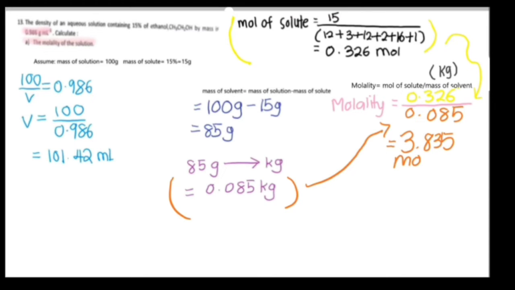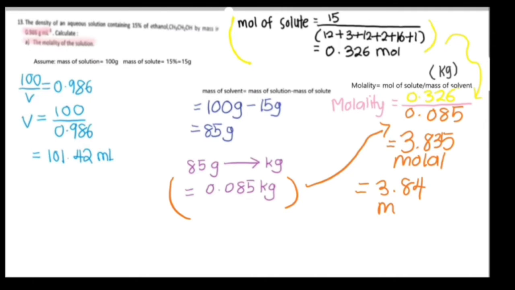Next, we need to find the mole of the solute. We need to use the formula of the mass of the solute divided by the molar mass of the solute. The mass of the solute is 15 grams, and we also find the molar mass. We just divide and we will get 0.326 mole.